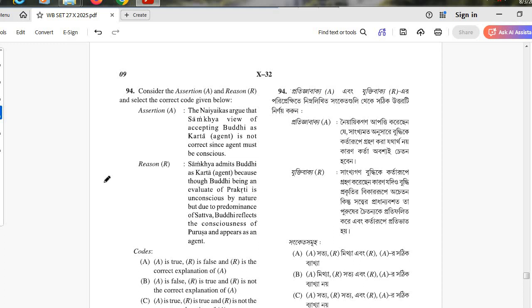Reason: Sankhya admits Buddhi as Karta because though Buddhi, being an evolute of Prakriti, is unconscious by nature, due to predominance of Sattva, Buddhi reflects the consciousness of Purusha and appears as an agent.